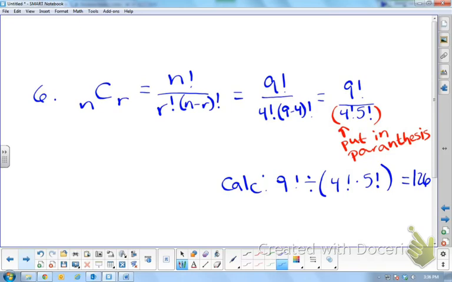So the last page was your assignment, but let's just talk about the different ways we can mean order mattering or not mattering. So if you look at 10, the Mesa Club is electing the president, vice president, and treasurer. How many different ways can the officers be chosen from 30 members? Well, president, vice president, and treasurer, they all have a different amount of power.